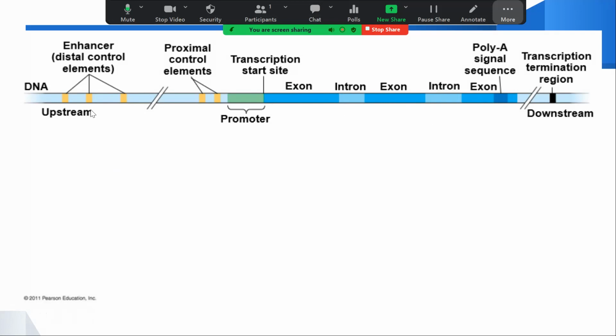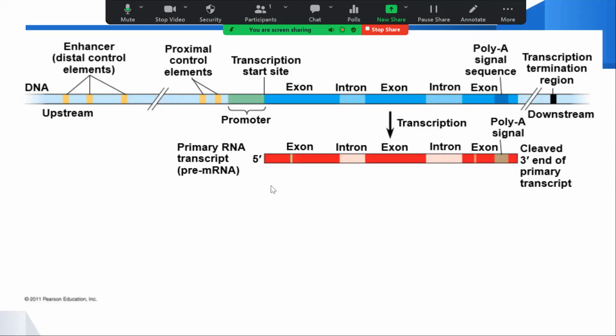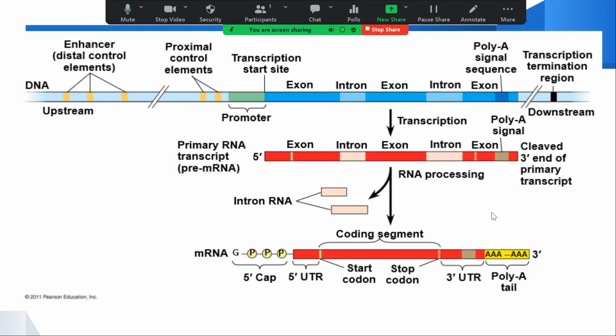That enhancer region is going to help the transcription factors bind on to the transcription site so that the RNA polymerase can bind and then transcription can take place. So the primary transcript is going to be made from this portion of the DNA with the enhancer region upstream from that.